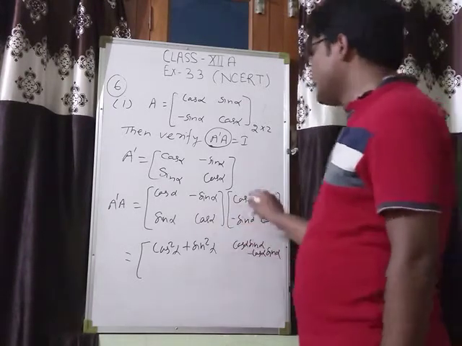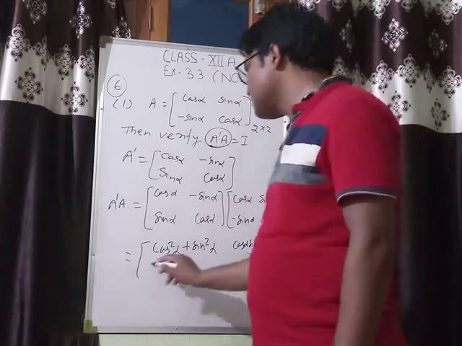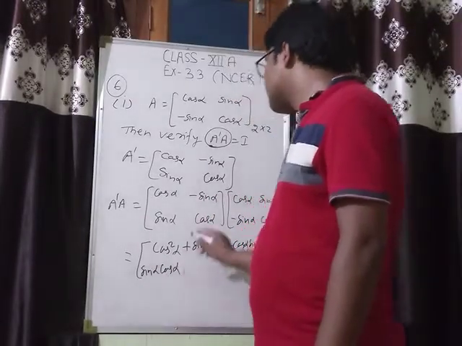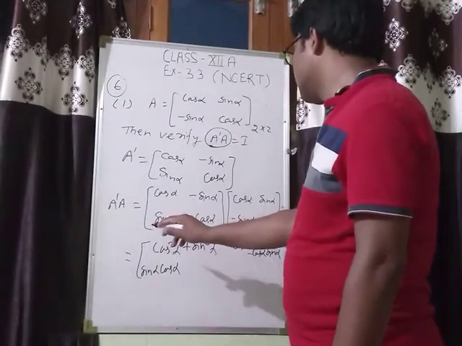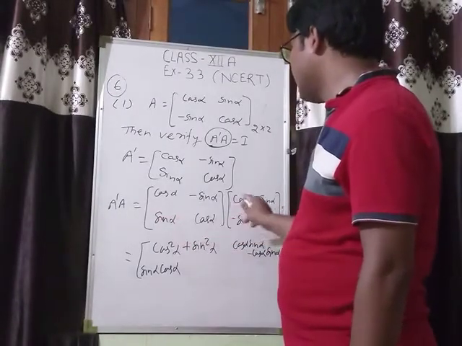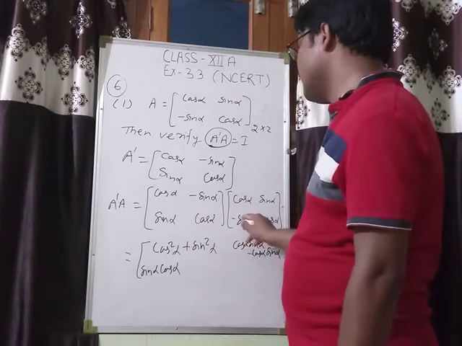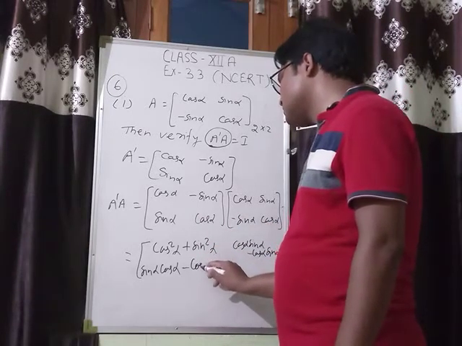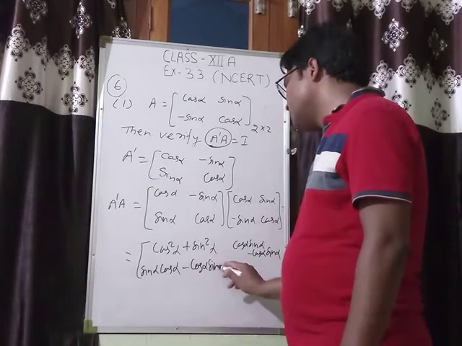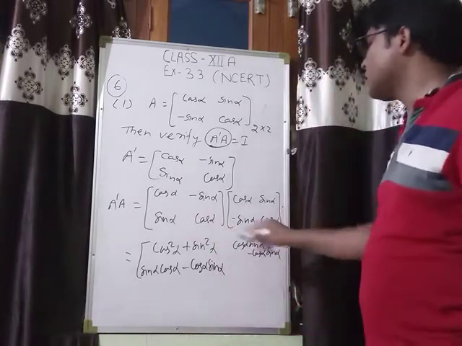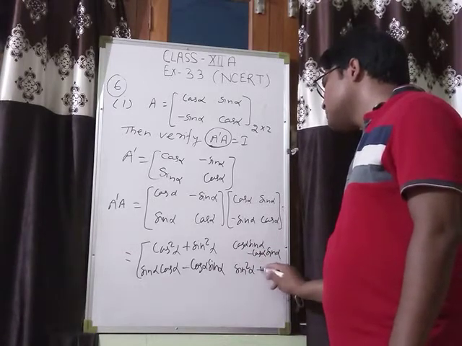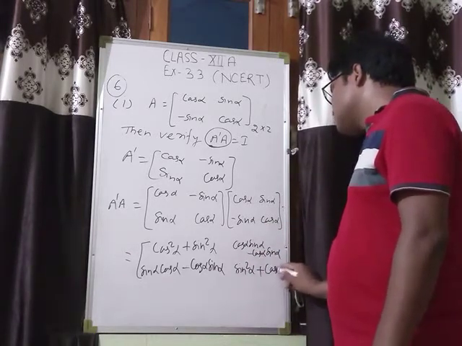Okay, and the second row first column, sin into cos, sin alpha cos alpha, and cos into minus sin, that is minus cos alpha sin alpha. Okay, then second row second column, sin square alpha plus cos square alpha.